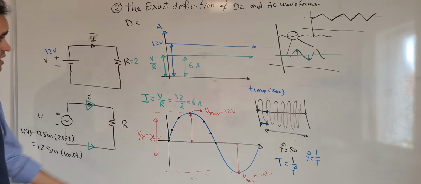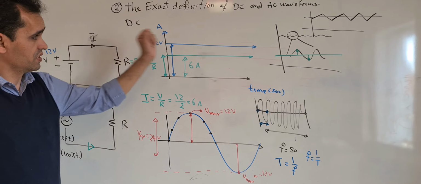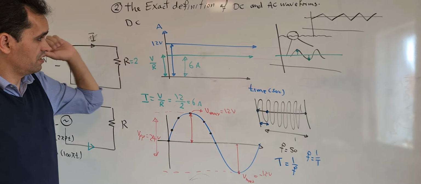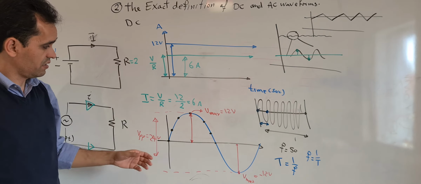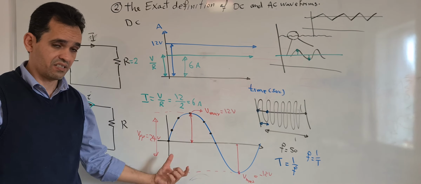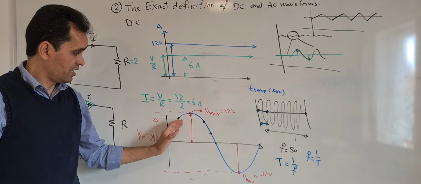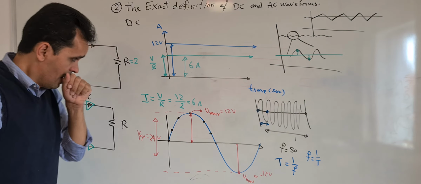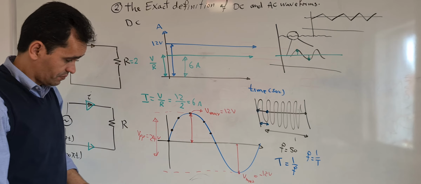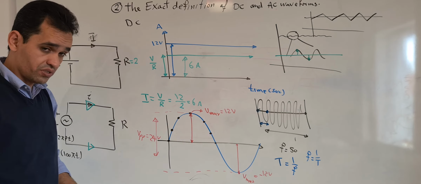So in conclusion, a DC signal is very straight, very constant. It has one direction. An AC signal changes its direction at a certain period. It has a maximum value, and there is another calculation we will do in the future.